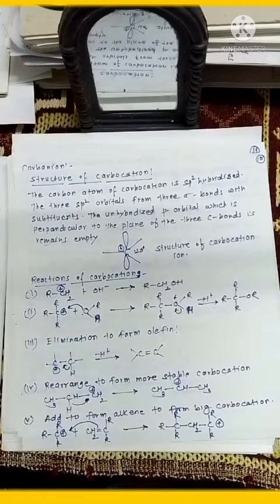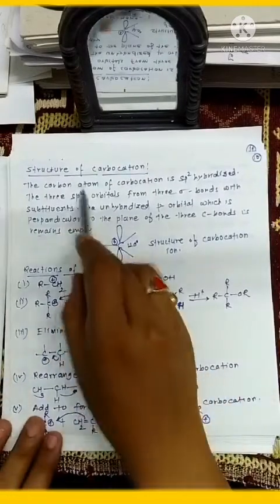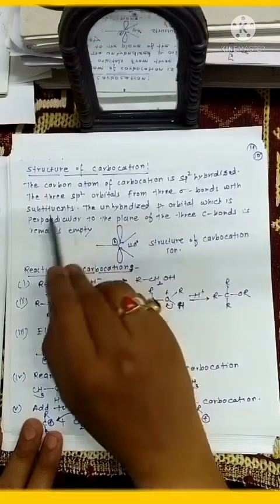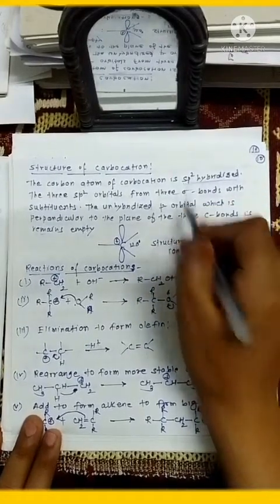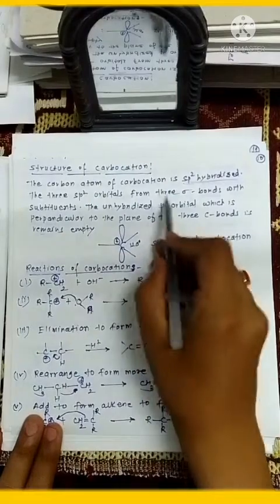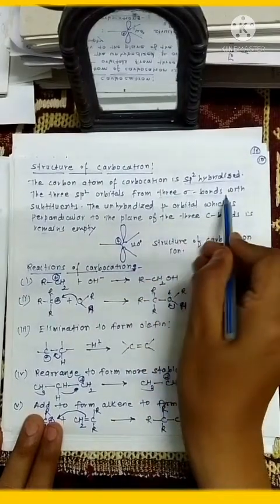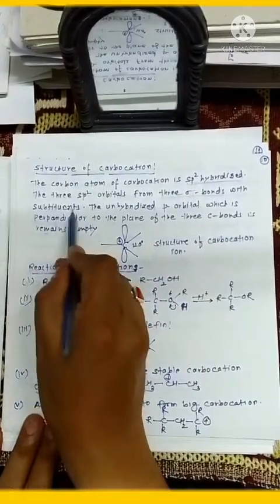Now we are going to discuss structure of carbocation. The carbon atom of carbocation is sp2 hybridized. It is important. The 3 sp2 orbitals form 3 sigma bonds with substituents.